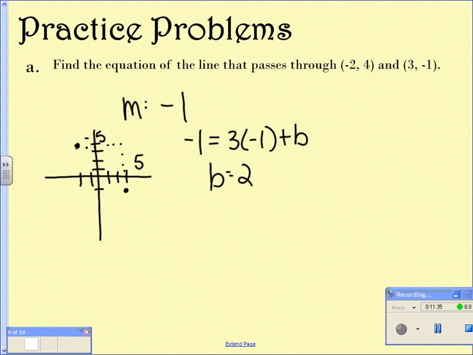Either way, you should still get 2, right? So what would be your equation? Yeah. Slope is negative 1. If you want to put the 1, you can, but you can't just put negative x. So you want to have your actual equation. Any questions on this one?